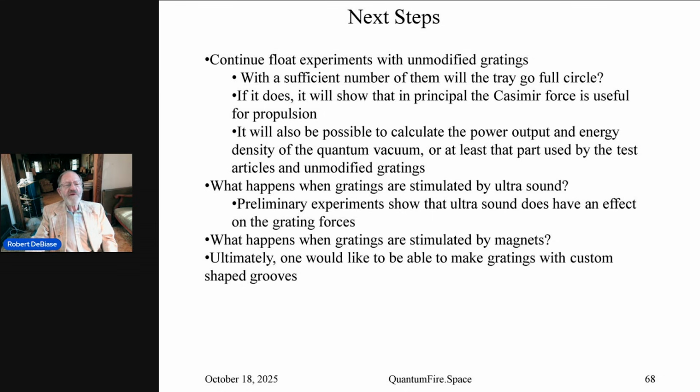So next up, continue the float experiments using the unmodified gratings. With a sufficient number of them, will the tray go in full circle? If it does, it will show that in principle, the Casimir force is useful for propulsion.